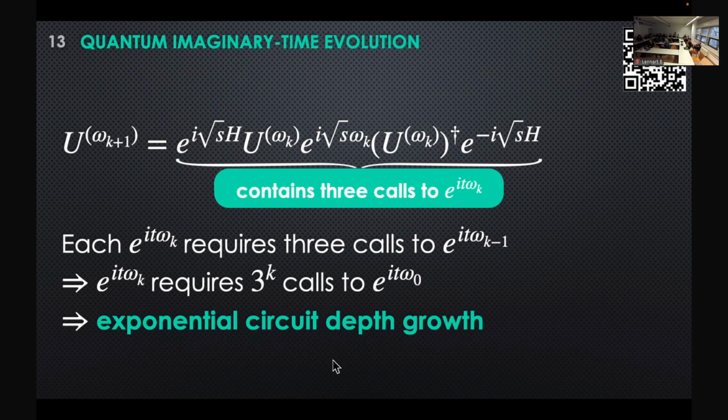So at the end, the exponential of i omega k requires 3 to the k calls to the initial reflection, and the circuit depth for the entire thing will grow exponentially. If you look at this form, it's like you undo the previous step, you reflect around this thing, and you redo the previous step. So it's kind of redundant, and from there emerges the exponential circuit growth.